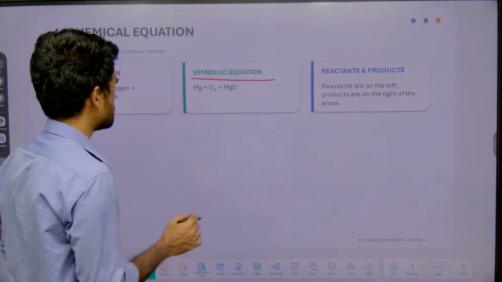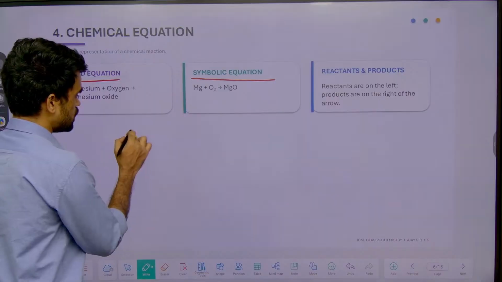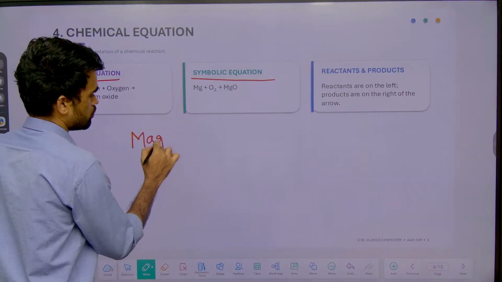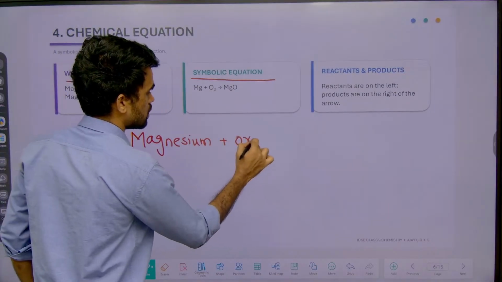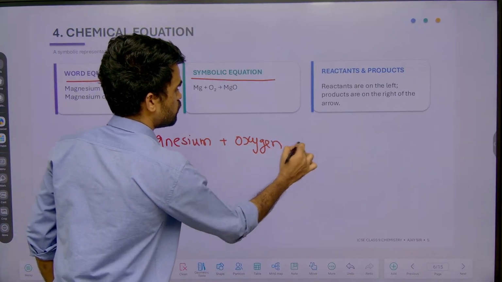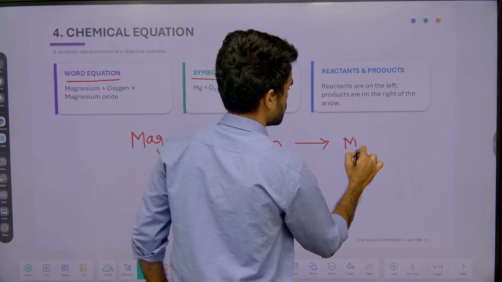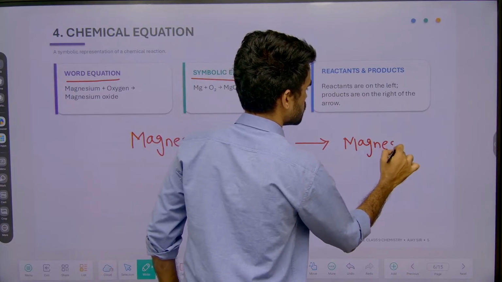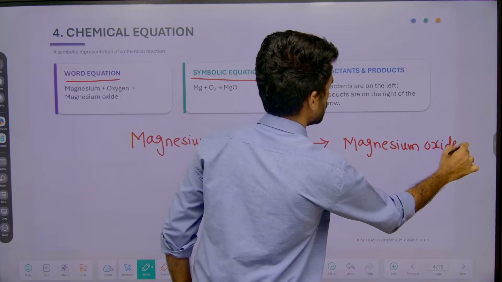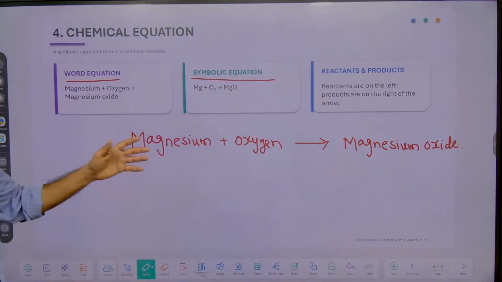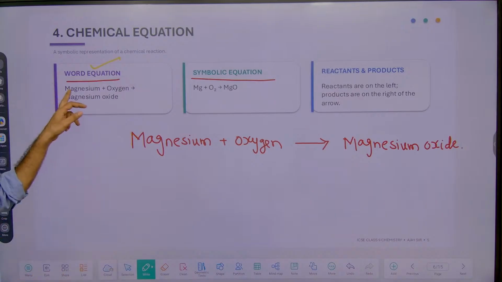Like I can say, magnesium is combining with oxygen and forming magnesium oxide. So this is called a word equation. Magnesium combining with oxygen, forming magnesium oxide.